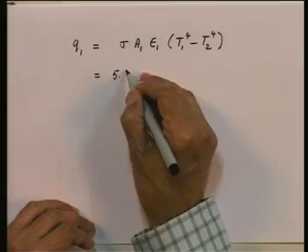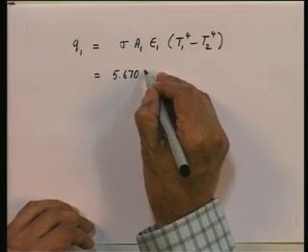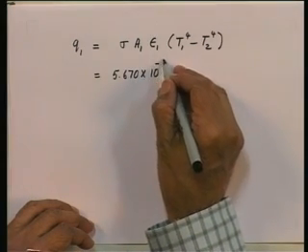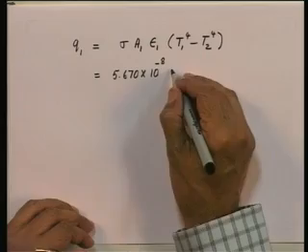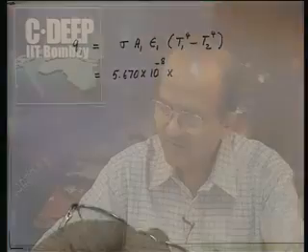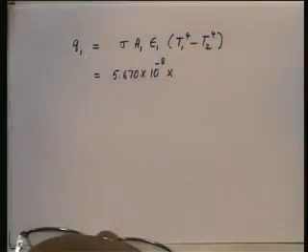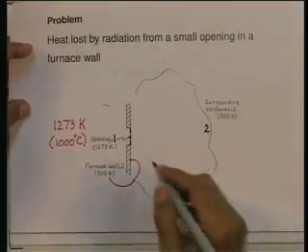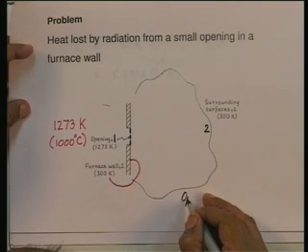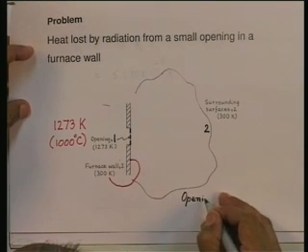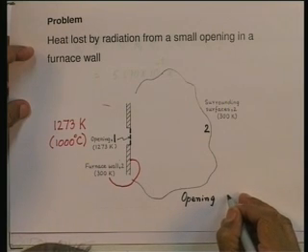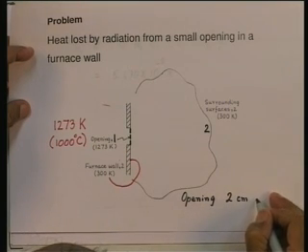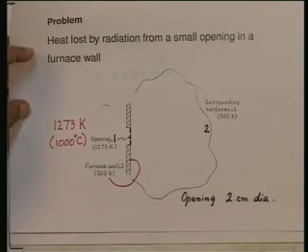So, that is equal to 5.670 into 10 to the minus 8, that is the Stefan-Boltzmann constant, multiplied by the opening. We are told to take the opening to be 2 centimeters in diameter. I will put that down. Opening, 2 centimeter diameter. All right.